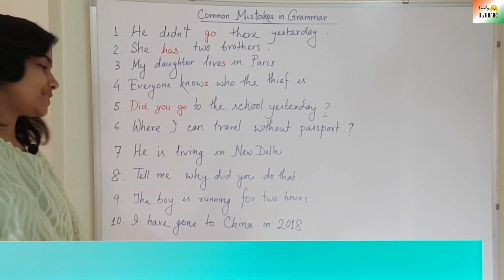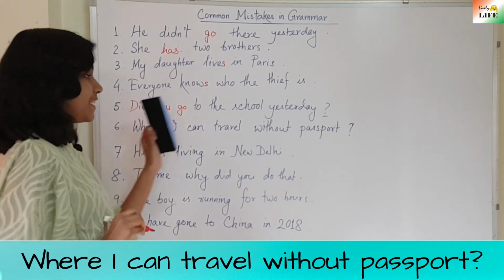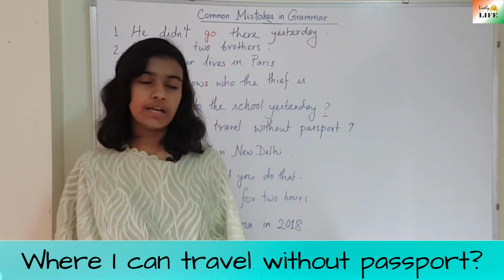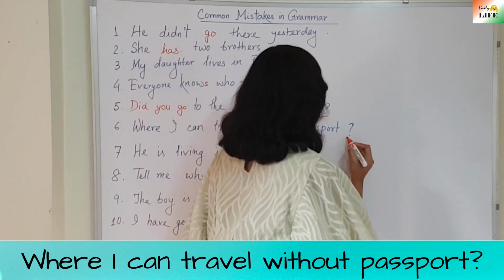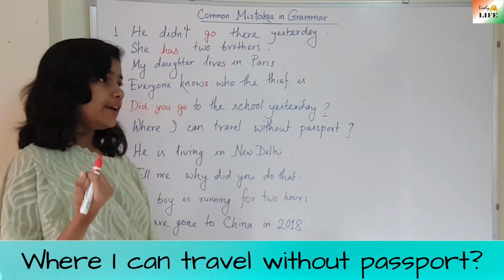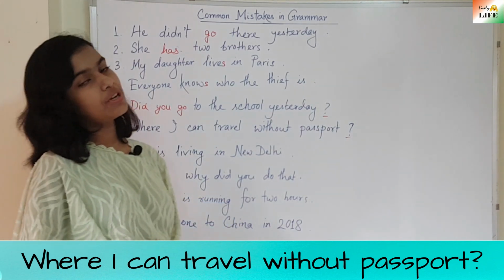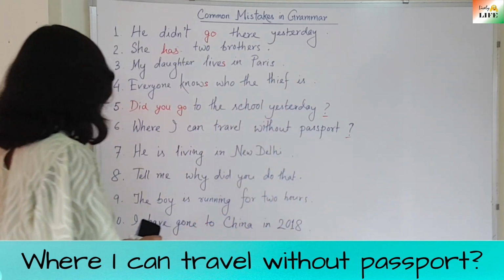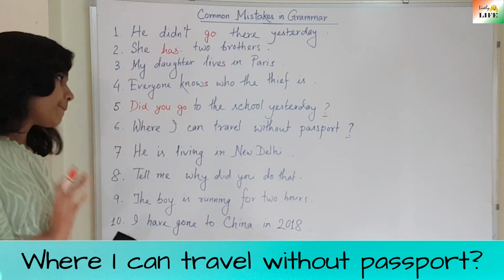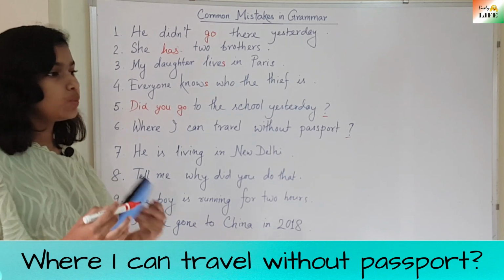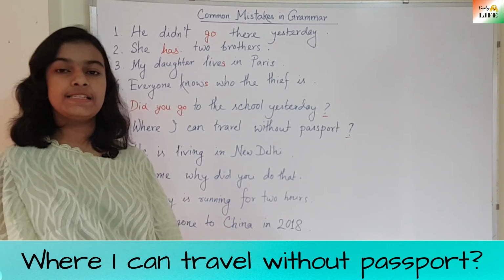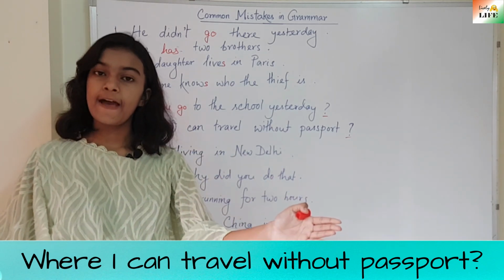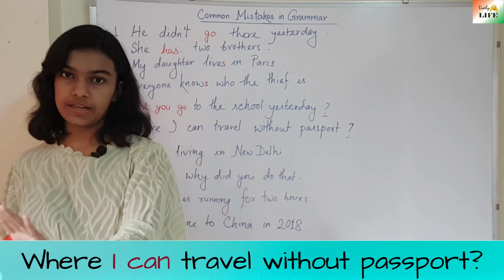Now the sixth one. Where I can travel without passport. This is also an interrogative sentence because we have used a question mark. Where I can travel without passport. Well, this is wrong. Let's see where the mistake is. Where is right, but after that, when we actually make a sentence interrogative, the helping verb always comes first and then the subject comes.